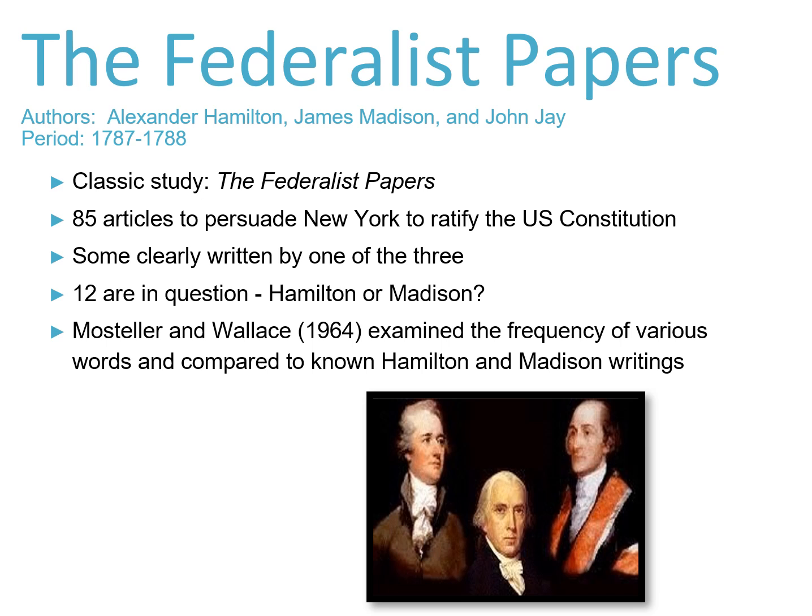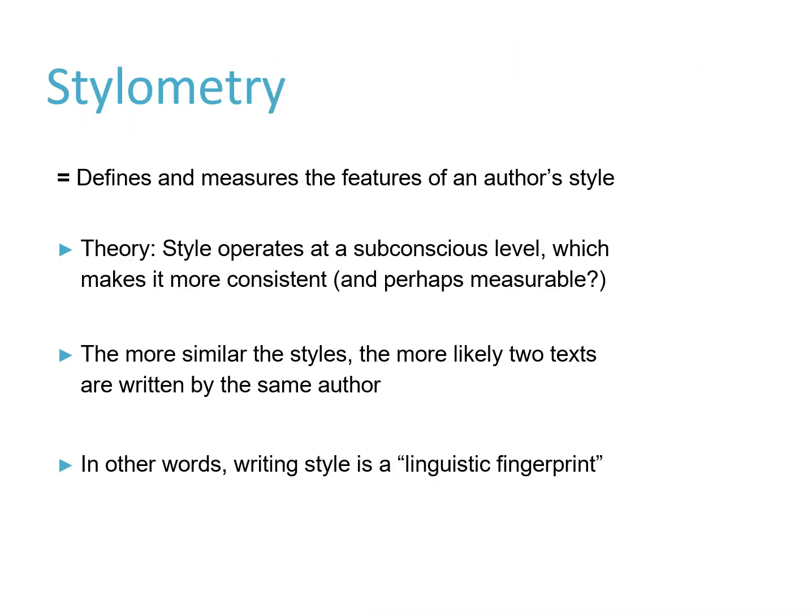The way that we are able to identify certain authors of a text is known as stylometry. We define and measure the features of an author's style, known as their idiolect: how they use words, which words they use most often, the speed at which they speak, etc., in order to create a linguistic fingerprint that can be better used to identify them.